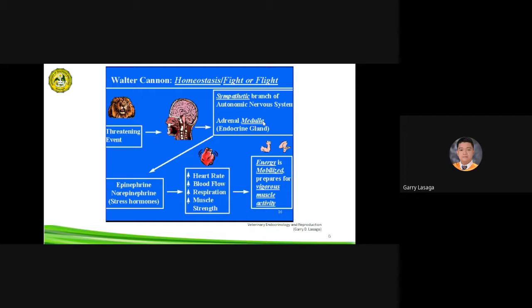So that is why it is called the fight or flight response. Why is it called fight or flight response? The individual, after perceiving this particular stress factor, could either stay and fight that particular threatening event, or the individual could either run away or avoid or flee from that particular stressful event.